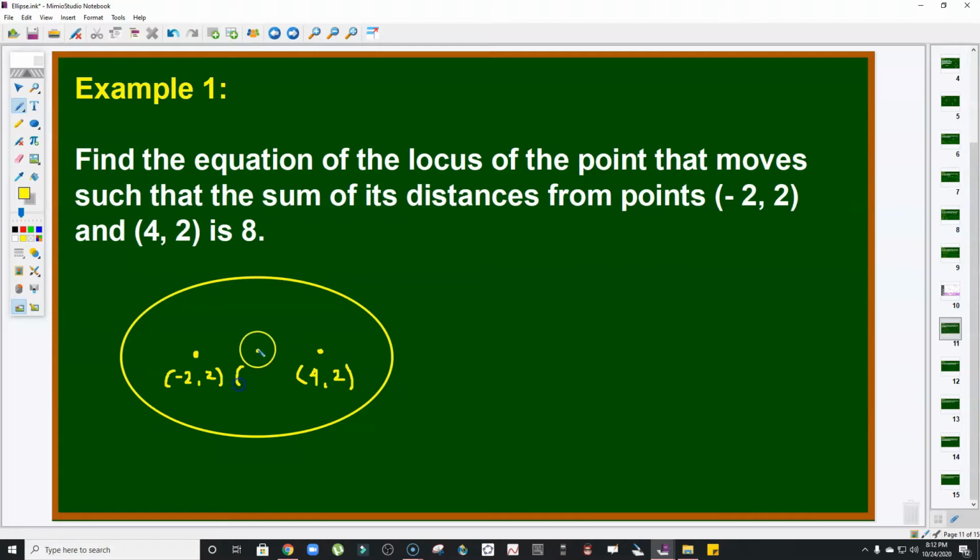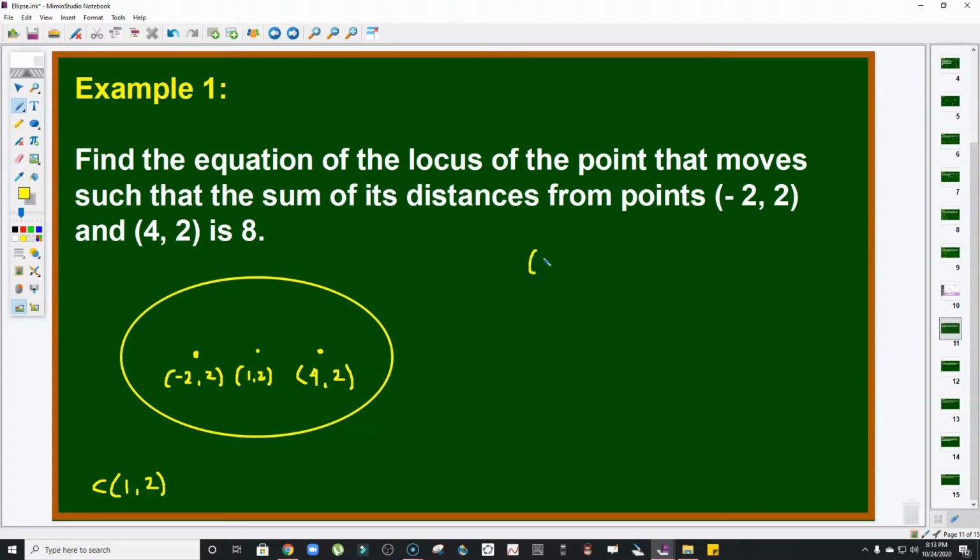Get the midpoint: -2 plus 4 is 2, divided by 2 gives us 1. They are collinear, so the y-coordinate of the center is 2. Therefore, the center is (1, 2).